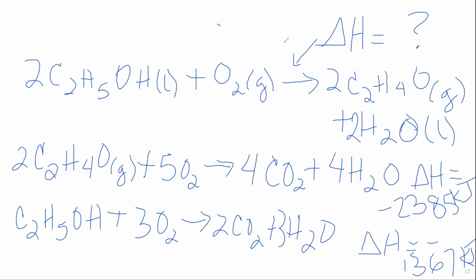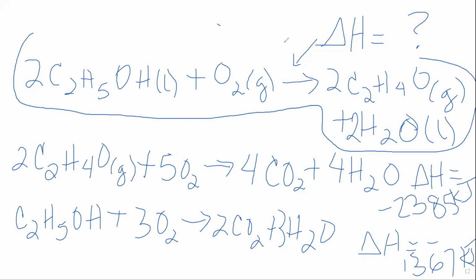Remember, you have to compare the top reactions to the two bottom reactions and figure out what you need to do to get to that reaction that's on top. So this reaction right here, this is the target. So that's your target reaction. So just compare it to the bottom two reactions and see if something needs to be moved.